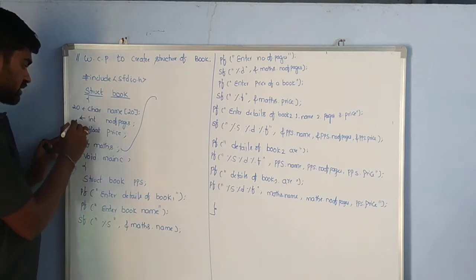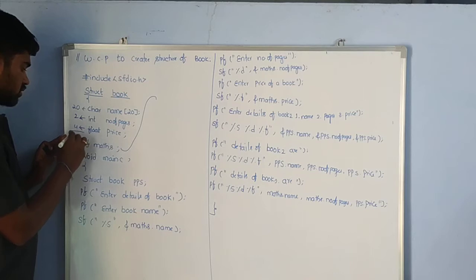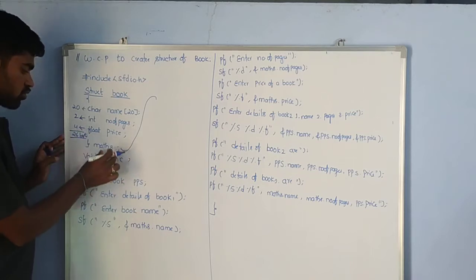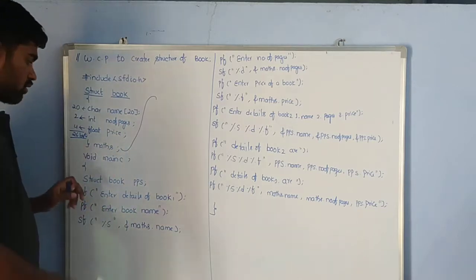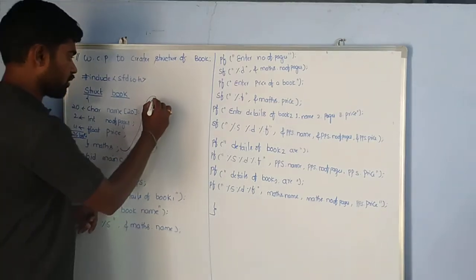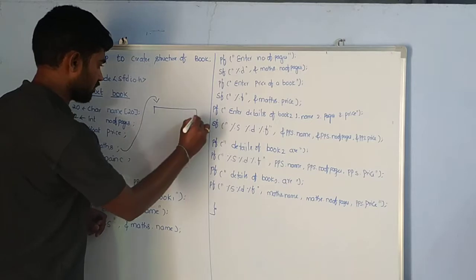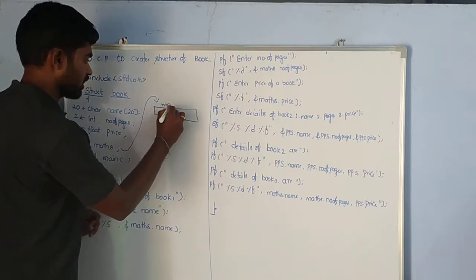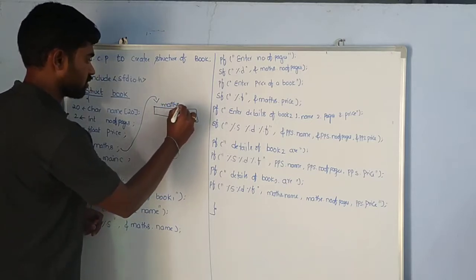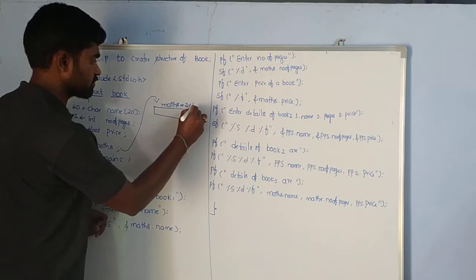This integer occupies 2 bytes. This float occupies how many bytes? 4 bytes. In total we require 26 bytes of memory allocation for this mass. Whenever mass is declared, one block is created with the name mass, size equal to 26 bytes.